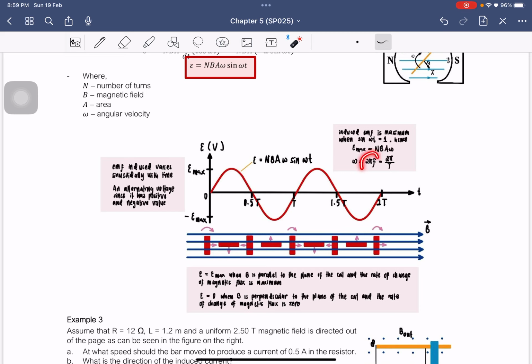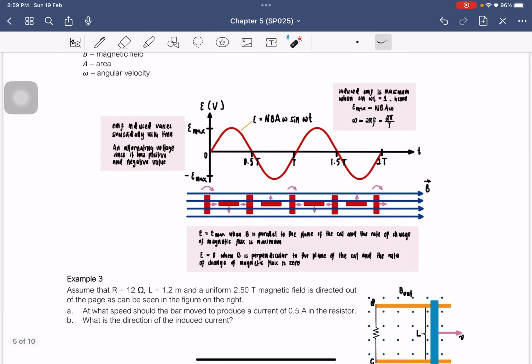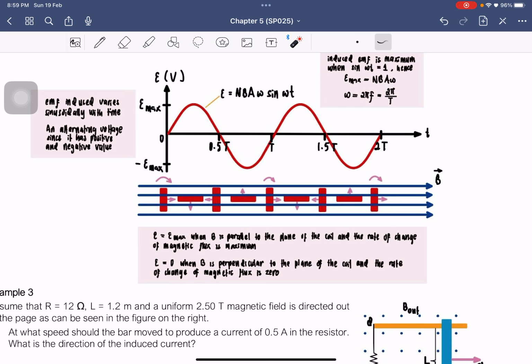Where omega is equal to 2 pi f or 2 pi over T. Okay, so the EMF will be at a maximum when the magnetic field is parallel to the plane of the coil and the rate of change of magnetic flux is at a maximum. Then EMF will be equal to 0 when B is perpendicular to the plane of the coil and the rate of change of magnetic flux is 0.